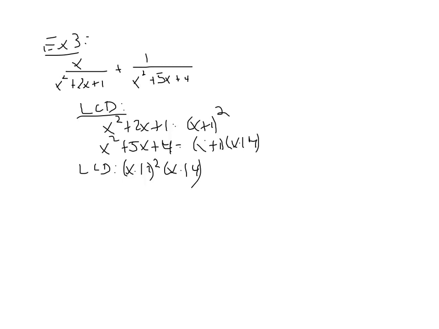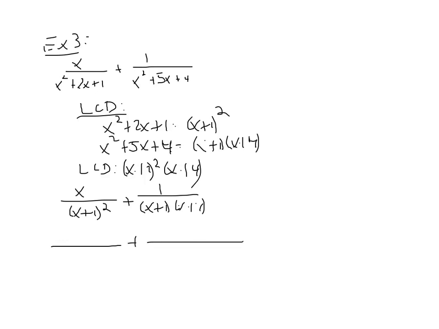So we're first going to start, actually, we're not going to write our equivalent fractions just yet. I'm going to rewrite the original problem in factored form. This will make writing the equivalent fractions easier. Now I'm going to write in my LCDs.